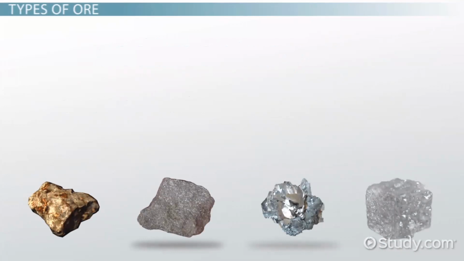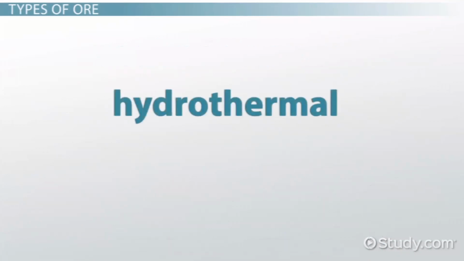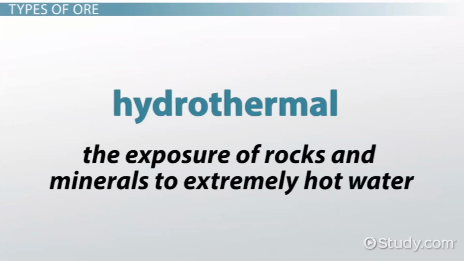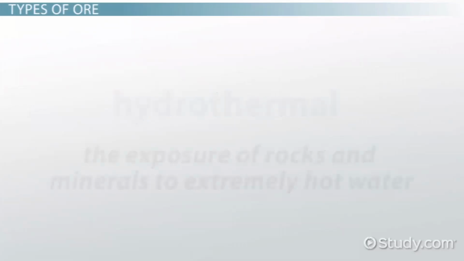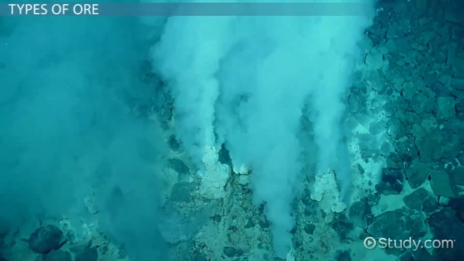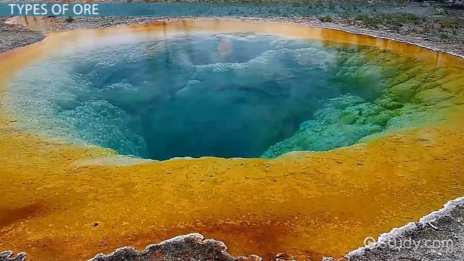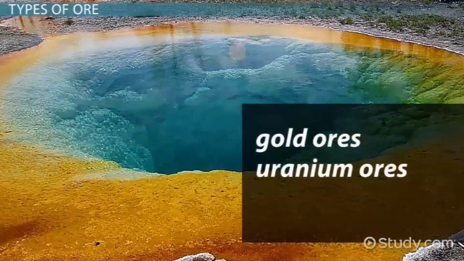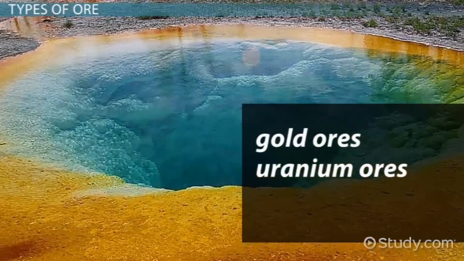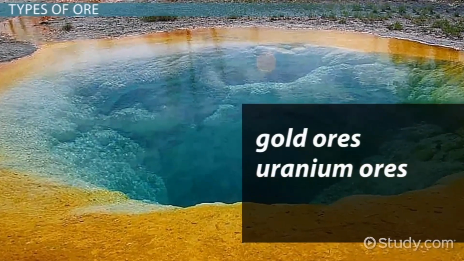Lastly, ores can form as a result of hydrothermal processes. These processes involve the exposure of rocks and minerals to extremely hot water, usually near oceanic hydrothermal vents or hot springs. Most of the world's gold ores, as well as uranium ores, formed from hydrothermal processes.